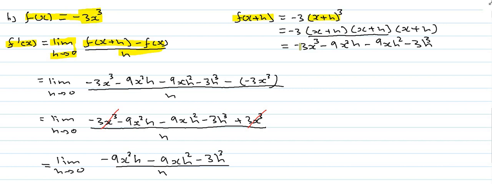Simplifying this, I got negative 3x cubed minus 9x squared h minus 9x h squared minus 3h cubed. Then I took f of x plus h, substituted it, negative 3x cubed minus 9x squared h minus 9x h squared minus 3h cubed, minus into brackets. I put f of x inside brackets because of the negative sign will affect it when you do negative times negative. Then when you multiply negative times negative, we got positive 3x cubed.